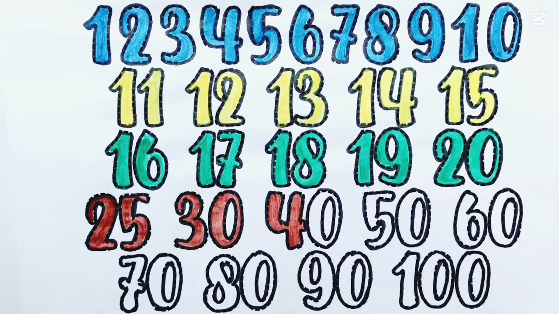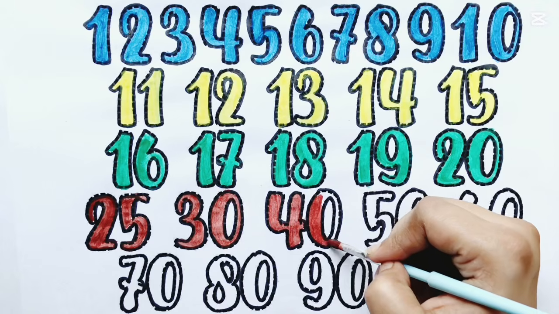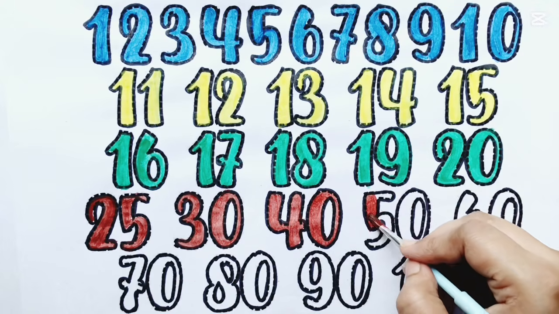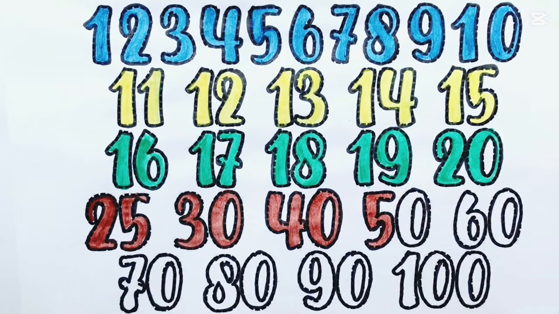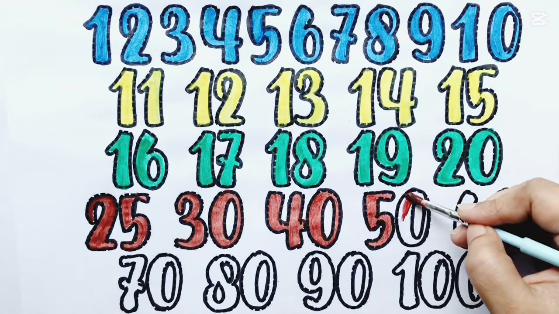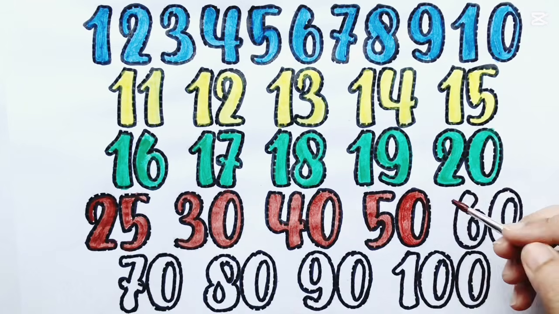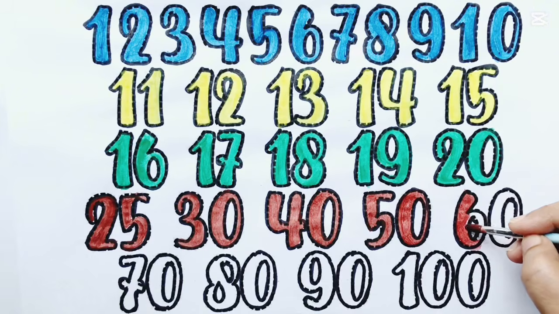Ant, amazing, art, apple. 50. Address, animal, answer, April, autumn, ambulance, airplane, arrow. 60. Alligator, ant, amazing, art. 1, 2, 3, let's go.